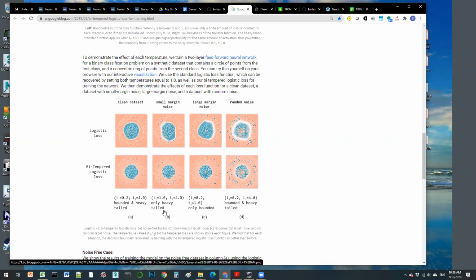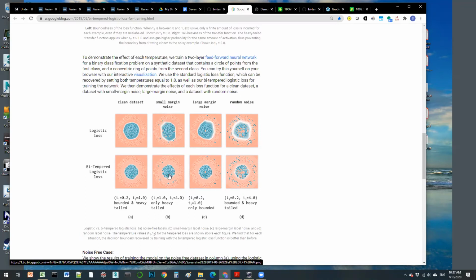and that is helped by using the heavy-tailed portion, which is modulated by the T2 value. You can see that the classifier for logistic loss tries to stretch and has that white boundary around it.